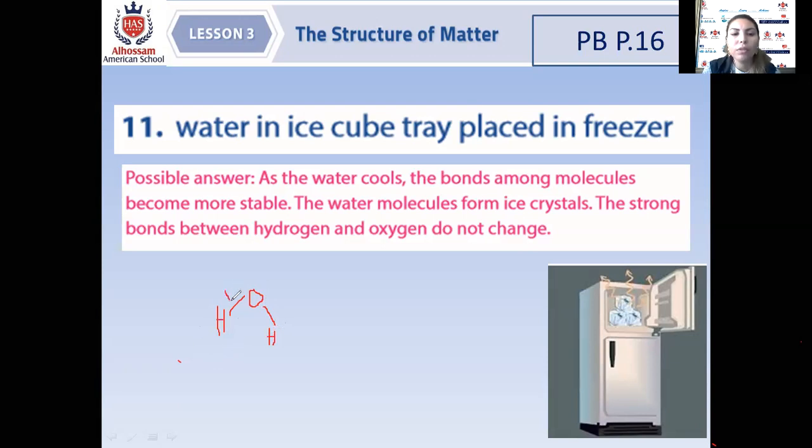So here we can write: very strong bond, not affected even by cooling or by heating. So this bond between hydrogen and oxygen in one molecule is a very strong bond, not affected by heating or cooling.